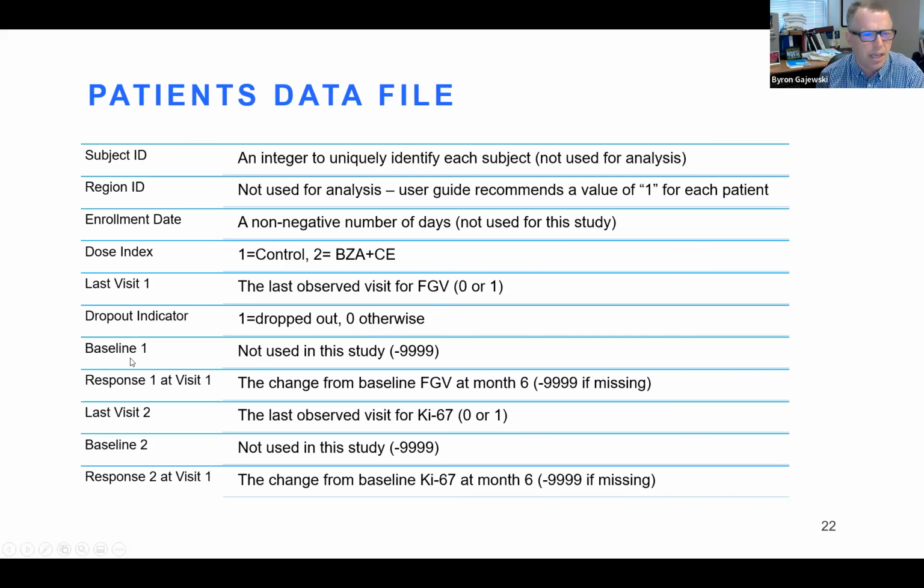We don't have a baseline that's used in the analysis. It's just the difference in FGV. Then we have a response for endpoint 1, and we also have a response for endpoint 2.